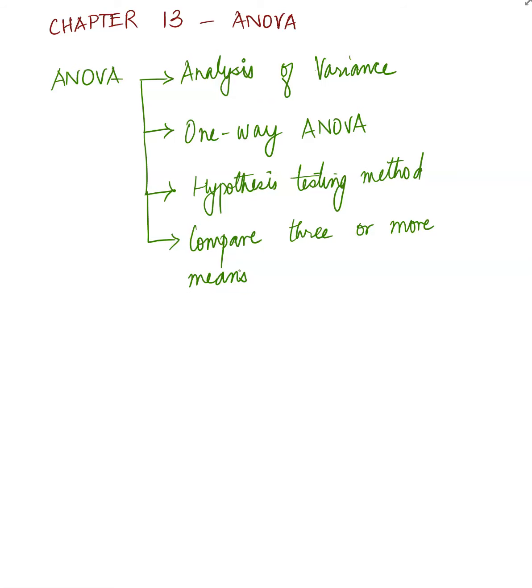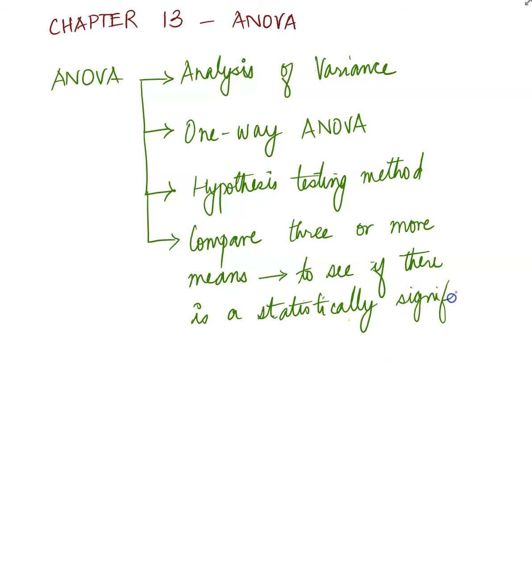So ANOVA here is particularly useful if you're comparing three or more means. And of course you want to see if there is a statistical difference. When I say statistical difference, I mean statistically significant difference among the three or more means.